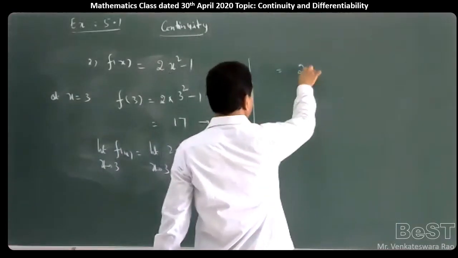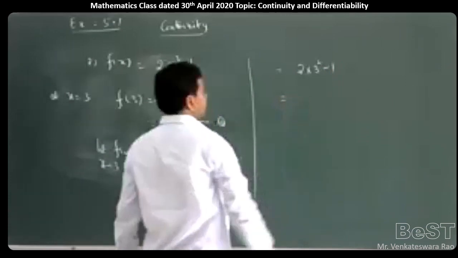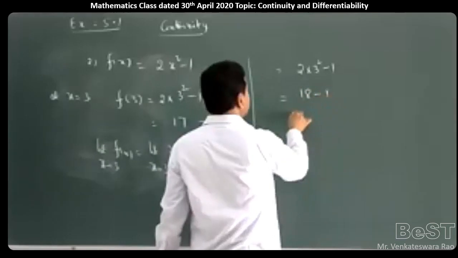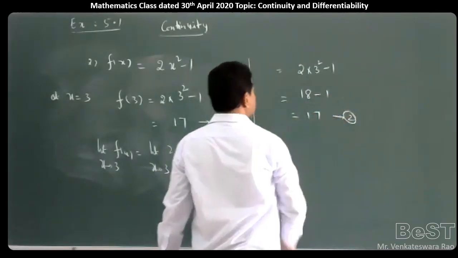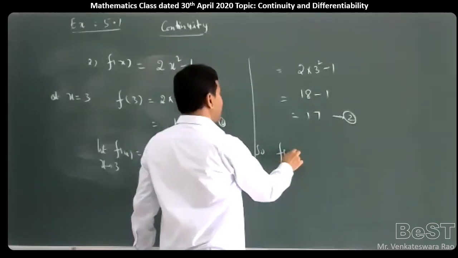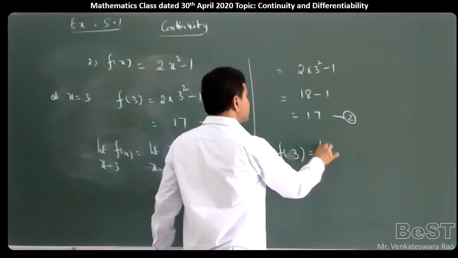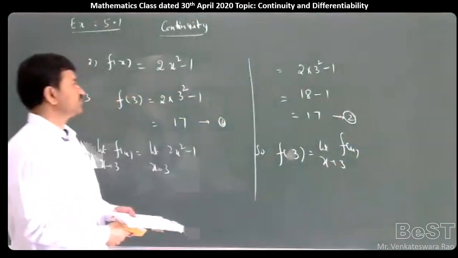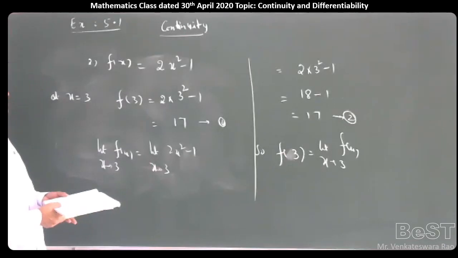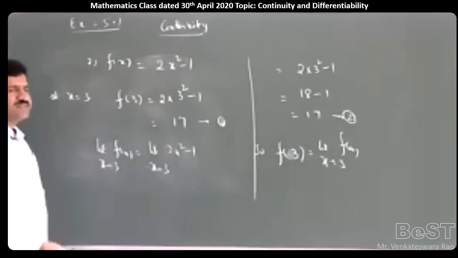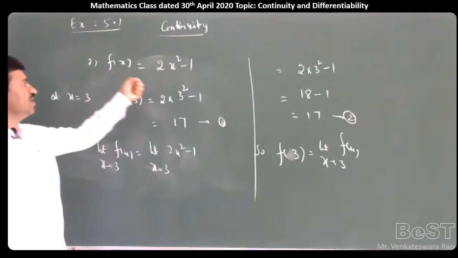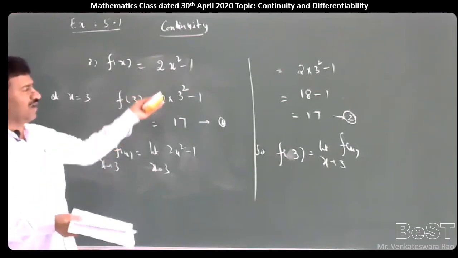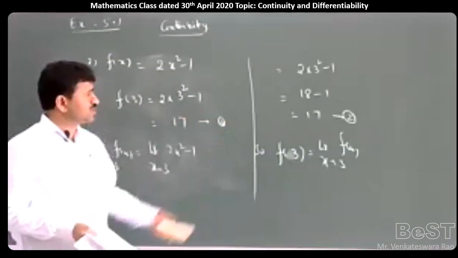So 2 into 3 square minus 1, which is equal to 9 into 2, 18 minus 1, 17. Equation 2. So see this one. f of 3 is equal to limit x tends to 3, f of x. Limit value is equal to function value. That implies at x is equal to 3, f of x is continuous. By using the property, directly you can write the answer, or else we can use the procedure, no problem.